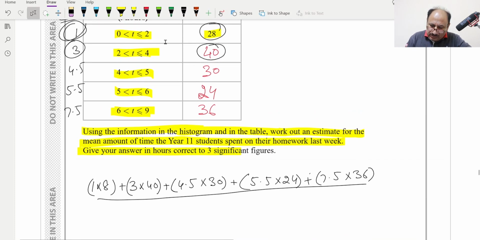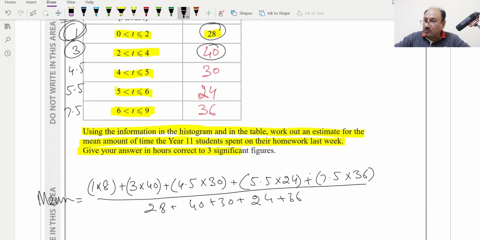Total of frequency is 28 plus 40 plus 30 plus 24 plus 36, and this will be mean.